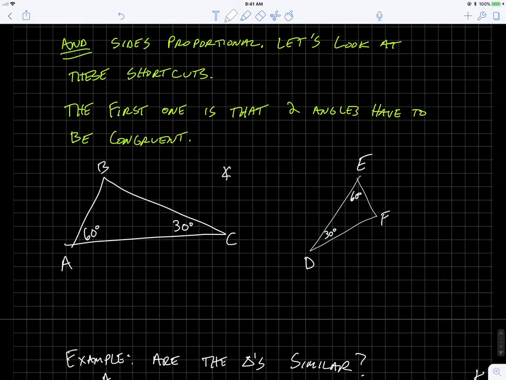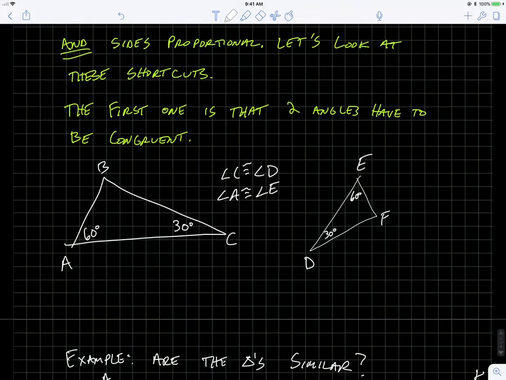Angle C is congruent to angle D because they're both 30 degrees. Angle A is congruent to angle E because they both have the same measure. And really, you are supposed to show the third angles are congruent, but we don't need to because we know once two angles are congruent, the third angle will always be congruent.